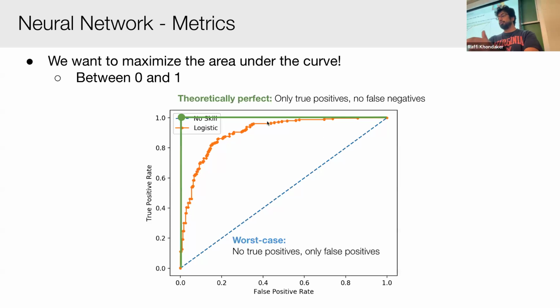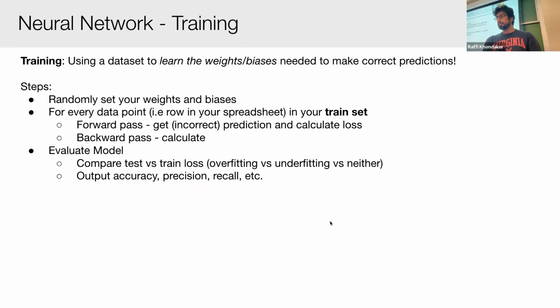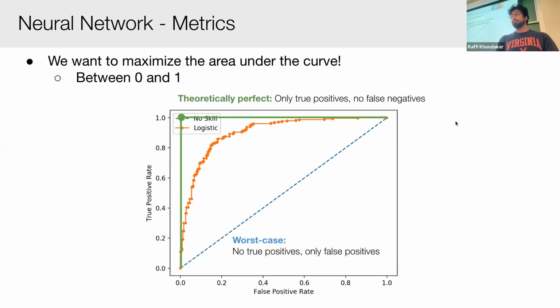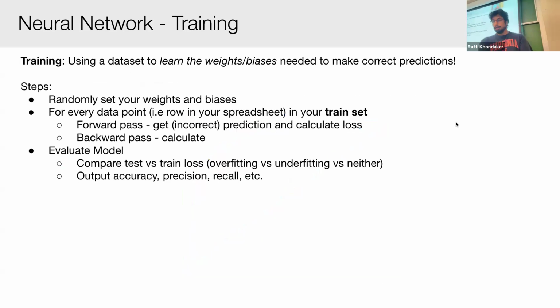Generally, our model would follow more of this curved shape. A worst case is that we have zeros on both. But in most cases, we usually just use accuracy. When you're being very rigorous, like in papers, you'll see recall, precision, and area under the curve.